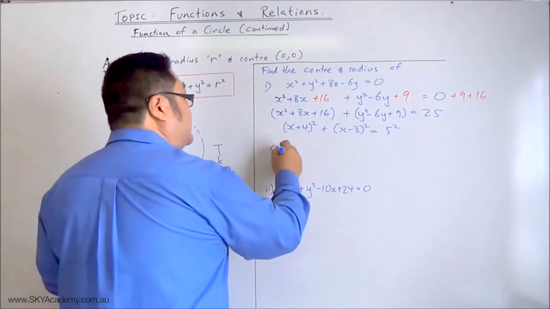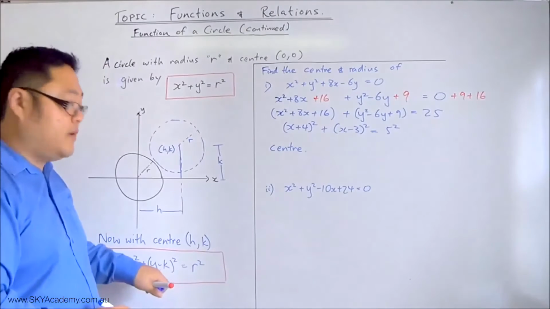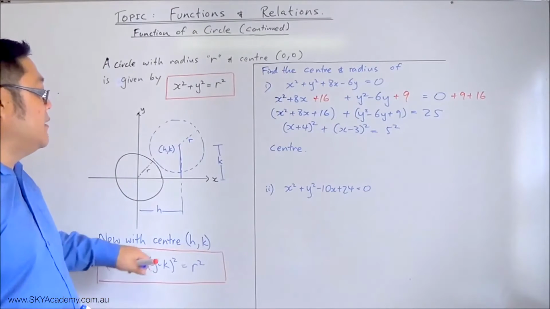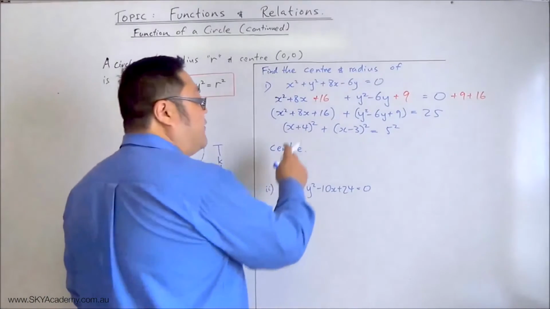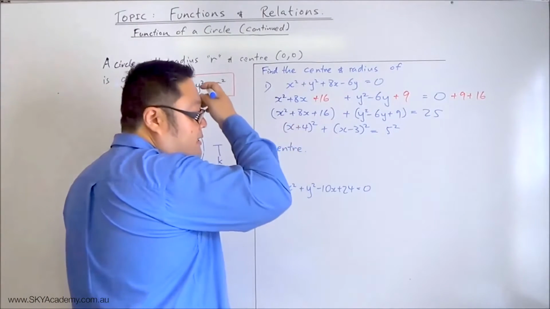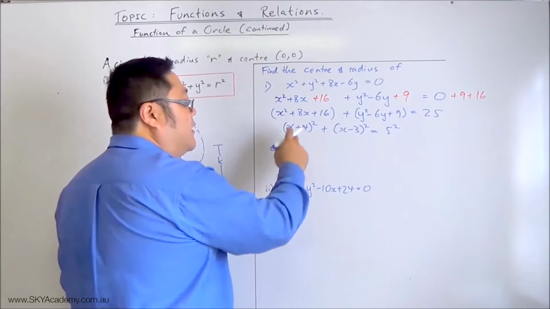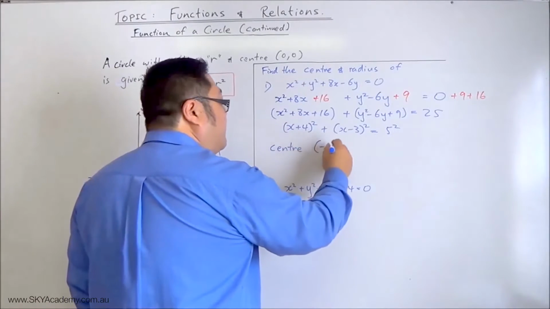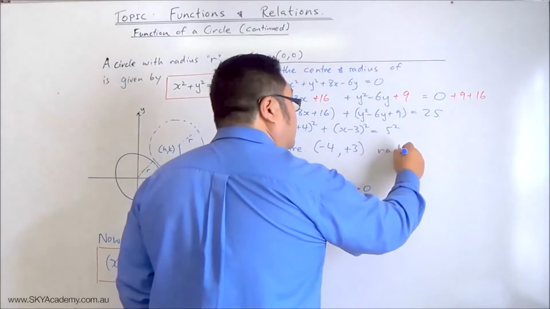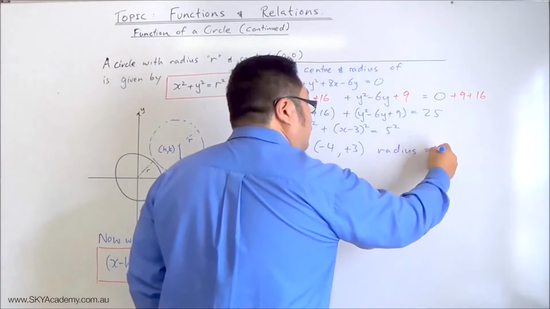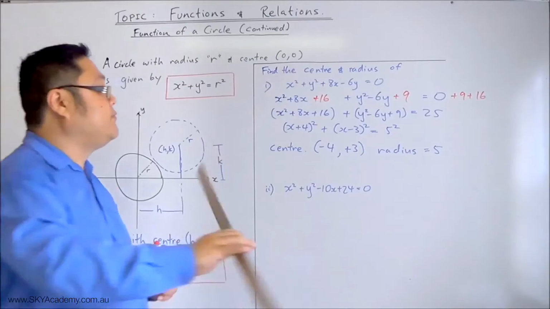So your center, according to this, okay, is negative h. Well, x would have to, so h would have to be negative 4 if you're minusing h from x, right? Center would have to be negative 4, positive 3, and the radius would have to be 5. Does that make sense? Cool.